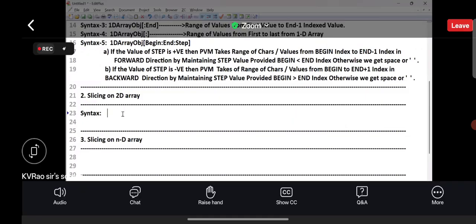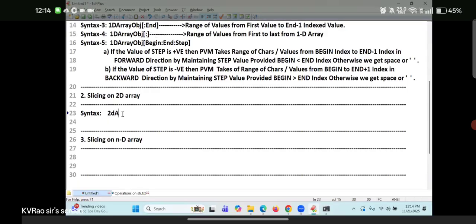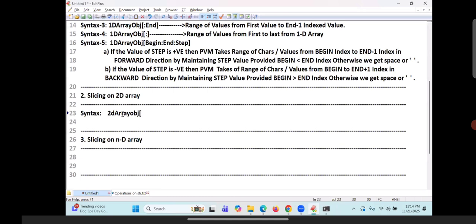Start with the ND 2D array object: row begin index colon row end index colon row step, comma, column begin index colon column end index colon column step. This is the syntax of 2D slicing.